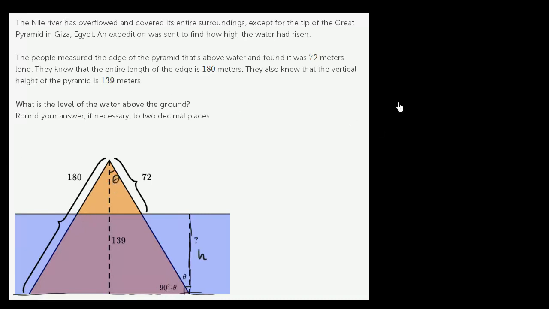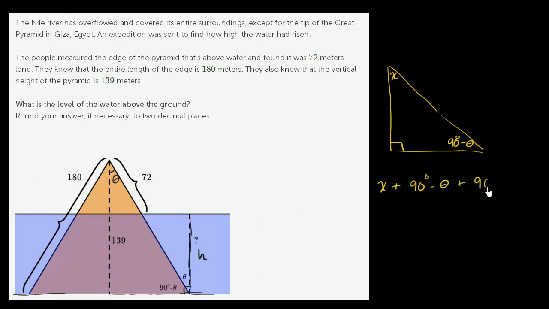If that looks a little bit strange to you, let me just draw it out here and make it a little bit clearer. If we have a right triangle, where this angle right over here is 90 minus theta, and we wanted to figure out what this is up here, let's say this is x, well, we could say x plus 90 degrees minus theta, plus 90 degrees is going to be equal to 180 degrees, since the sum of the angles of a triangle is 180 degrees.